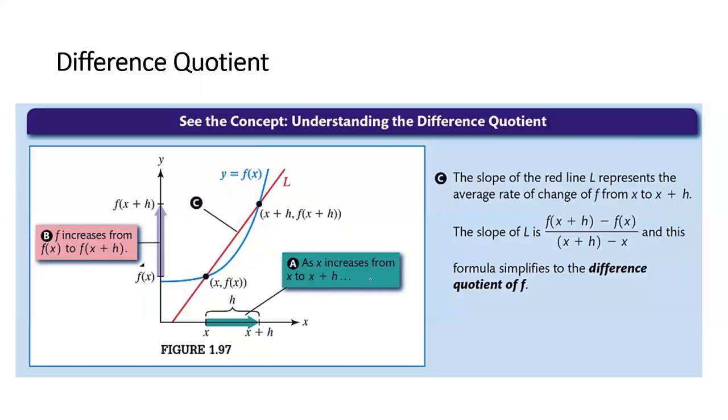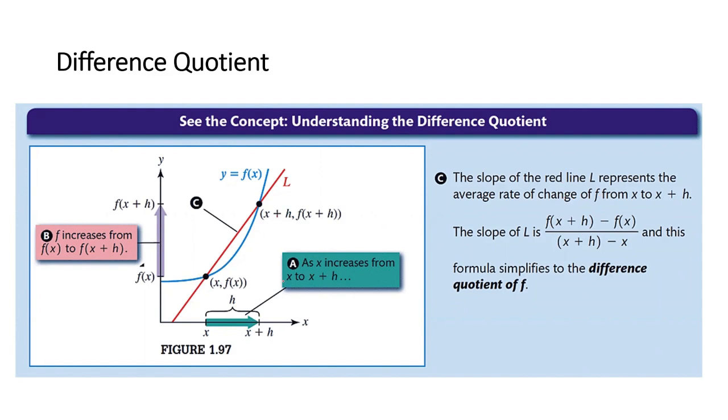Okay, that is average rate of change. So the difference quotient is just the slope of the, where are we at? It's where you're finding, as x increases from x to x plus h, how much f increases, from f of x to f of x plus h. So the slope of the red line, what do we call that?